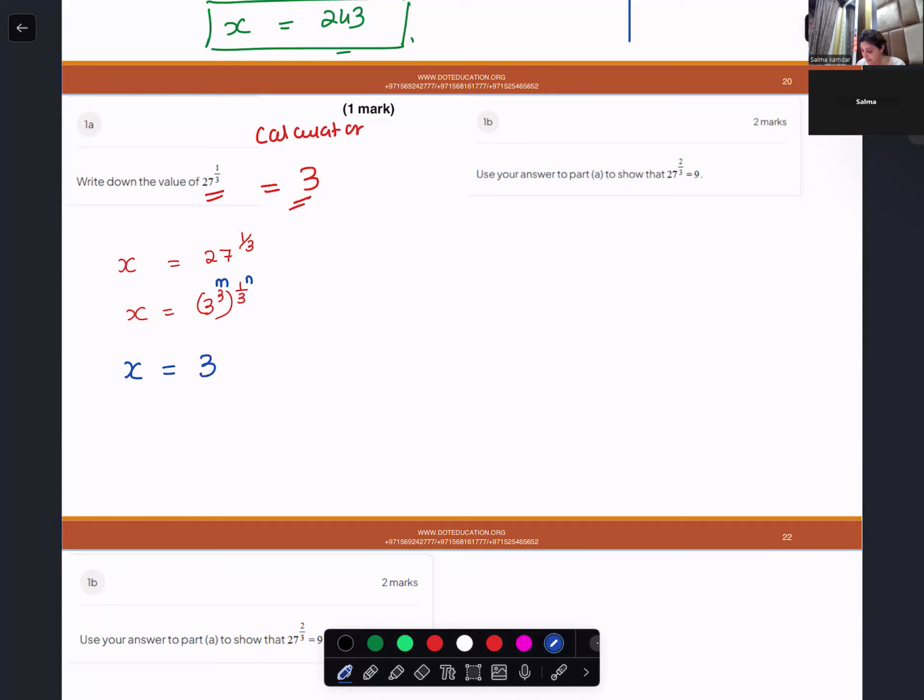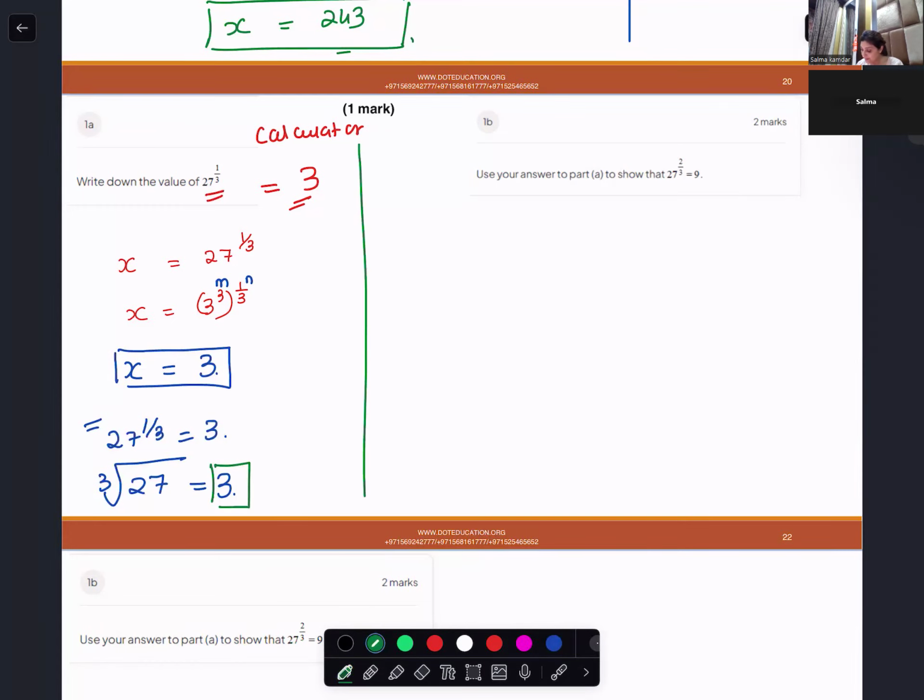So this becomes x is equal to 3 raised to mn. Now I know that 27 raised to 1 by 3 is equal to 3, or alternatively, cube root of 27 is equal to 3.